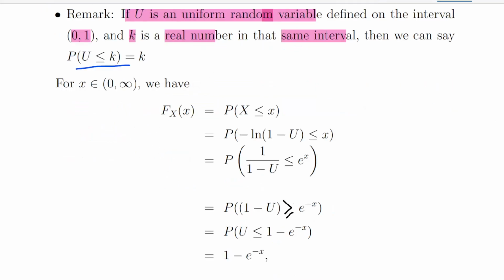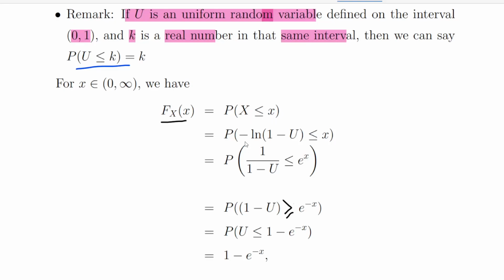So where small x is a real number on the interval from 0 to infinity, we can say the following. Capital F of x is the cumulative distribution function, and that is the probability of capital X being less than or equal to this real number, small x.